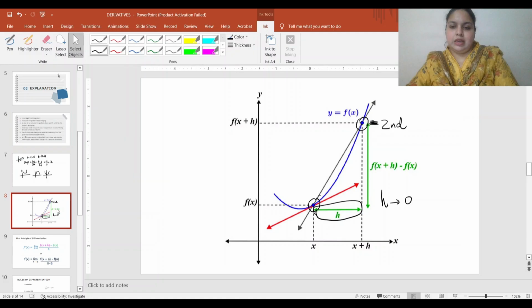I'm repeating that this is our first point x, this is our second point x plus h at distance h. Our aim is to bring the second point closer to the first point so that we find the slope at this point on the given curve. And since we are bringing it closer, we take h tends to 0.